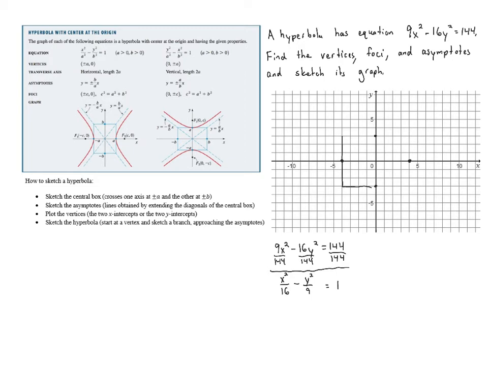So we need to draw the rectangle that has horizontal and vertical edges that goes through these points. And then once we've done that, we can draw the lines that go through these diagonals, and those are going to be our asymptotes.